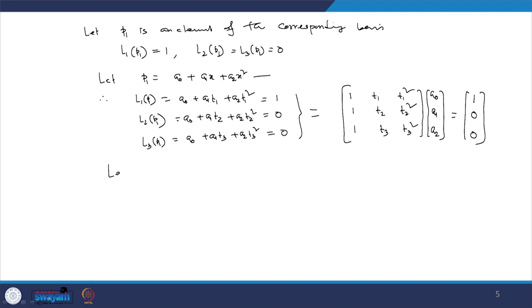Basically it is your A matrix into A0, A1, A2 equal to 1, 0, 0.